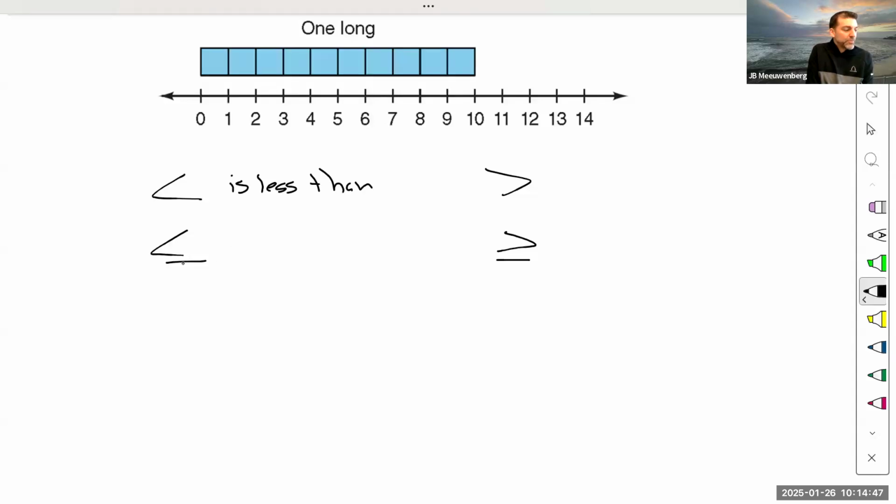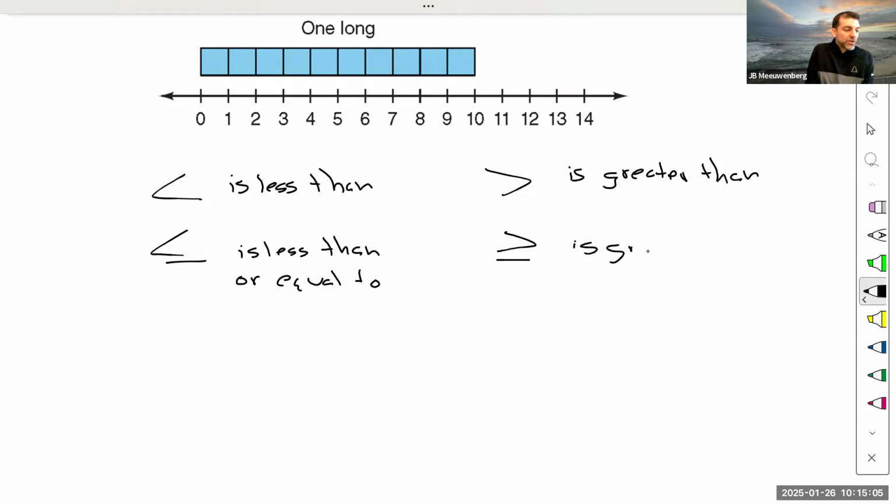This symbol means, if we put the line underneath it, is less than or equal to. This symbol means is greater than. And this symbol means is greater than or equal to.